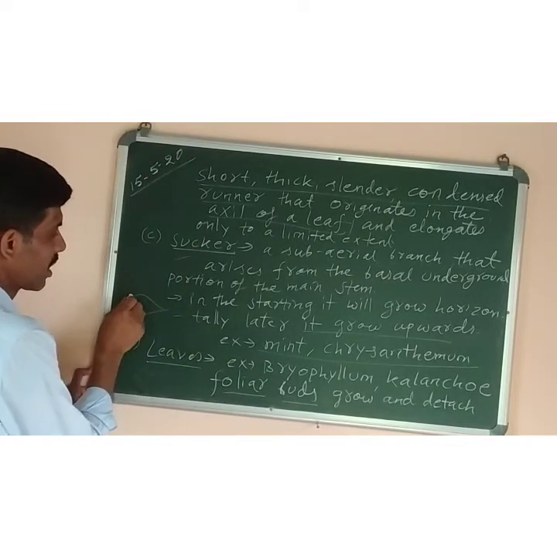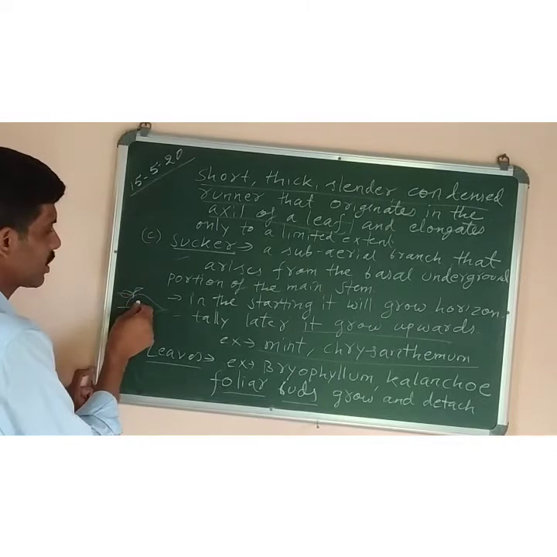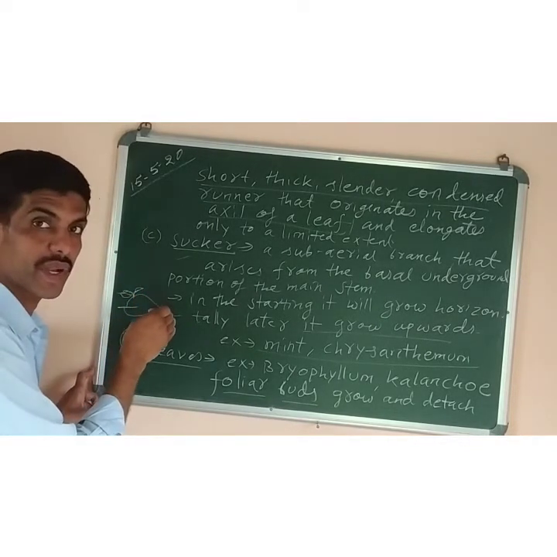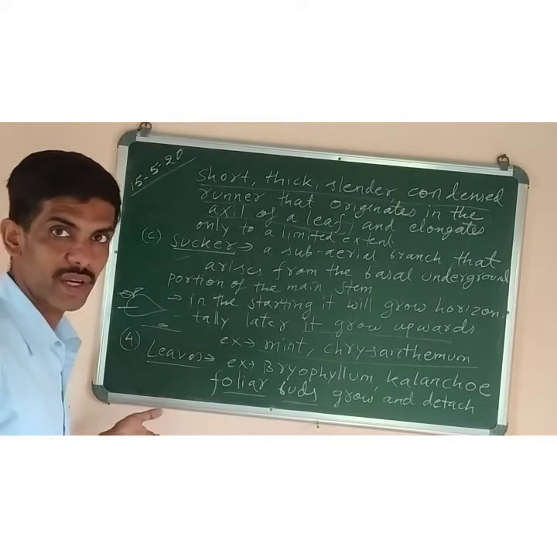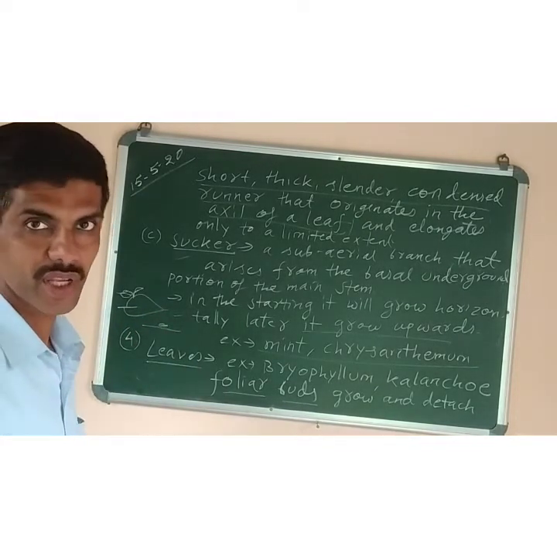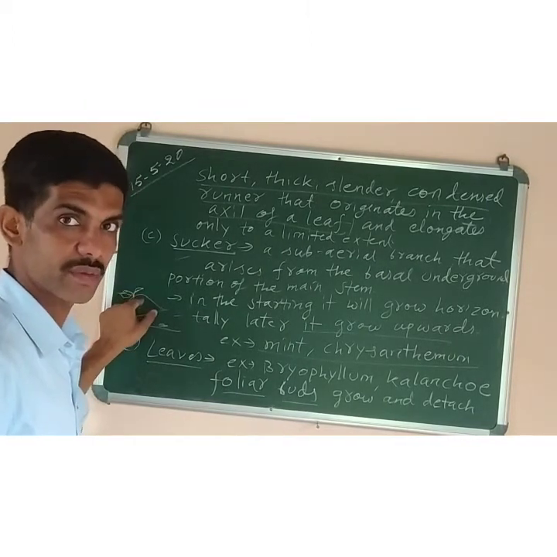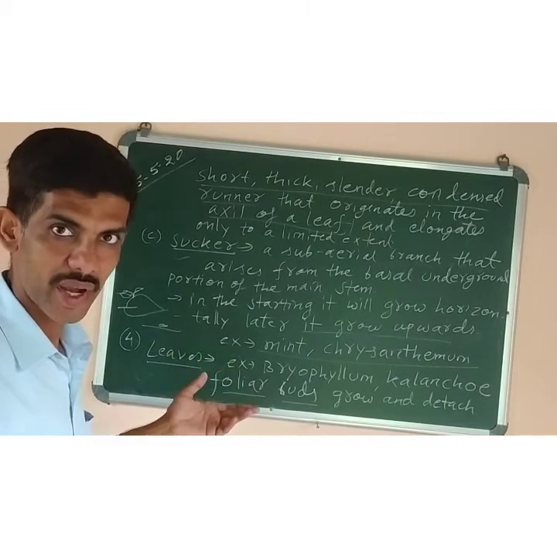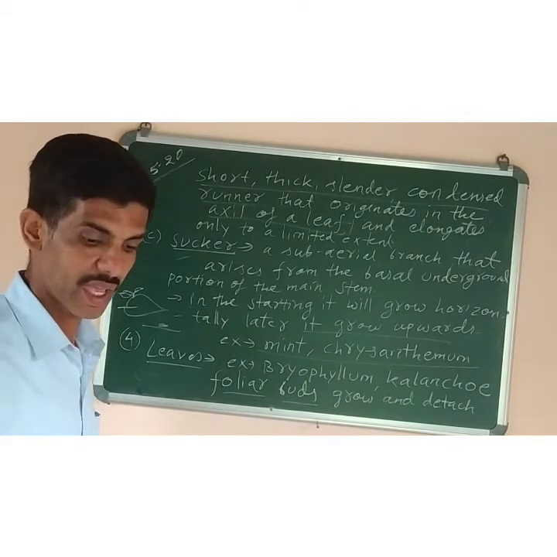Here on the margins of the leaves many small baby plants will be produced. These buds will give rise to the plants. Later on they will get separated and fall onto the soil, and once they get all the favorable conditions for germination, these baby plants developed from the buds present on the leaves will develop into an independent new plant. So this is the method of vegetative propagation by leaves.